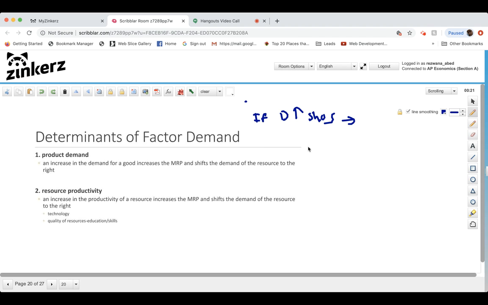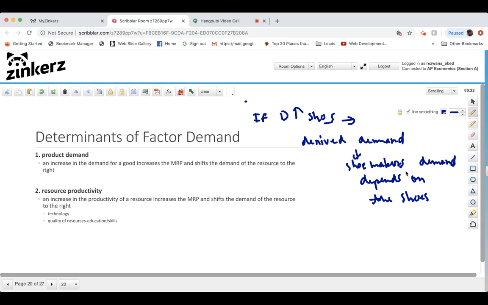Okay, so we call that a derived demand, which means that the demand for the input, the shoemaker's demand, depends on the product, which is shoes.